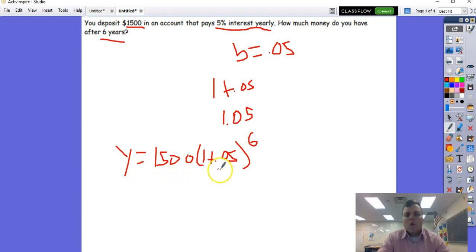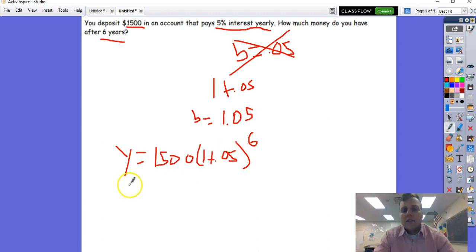So we give you this formula so that you don't have to think about what B is entirely. See, B does not equal 0.05. B really should equal 1.05. R equals 0.05. So then we can just type this all in the calculator.